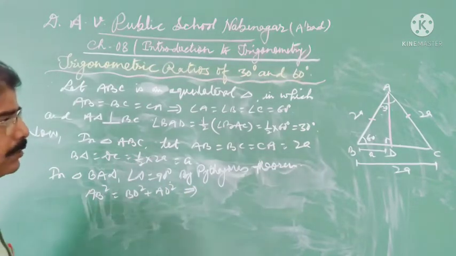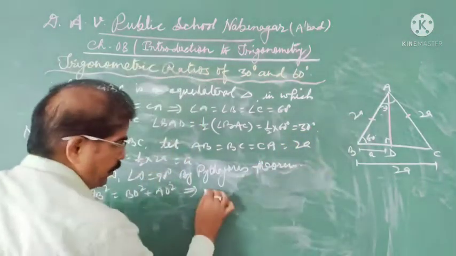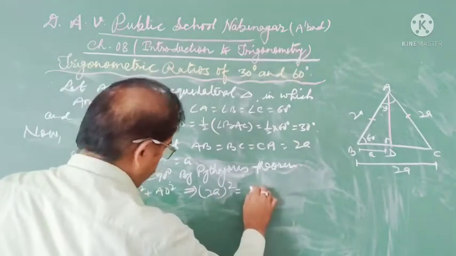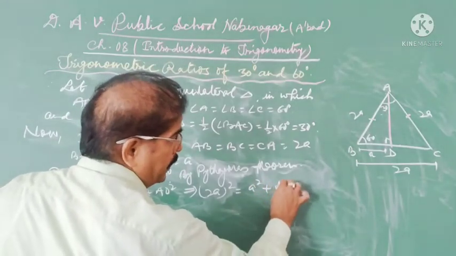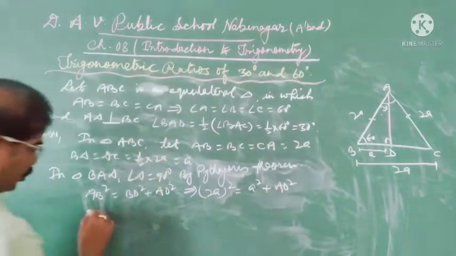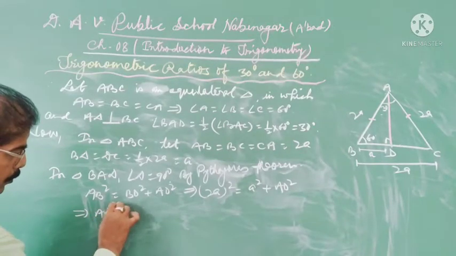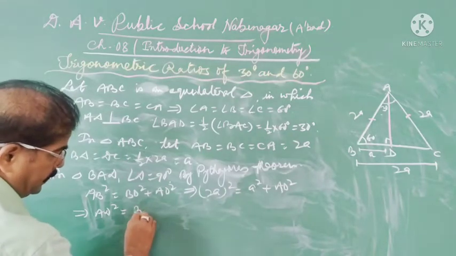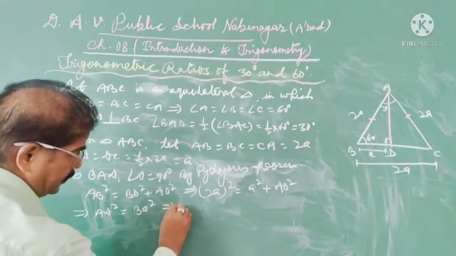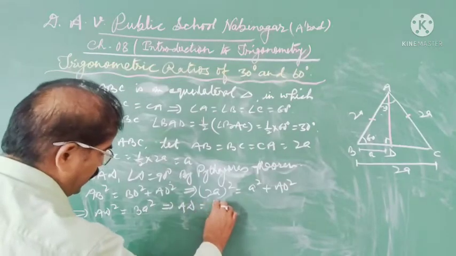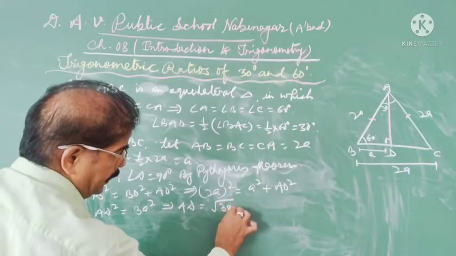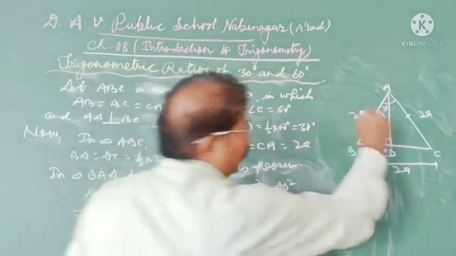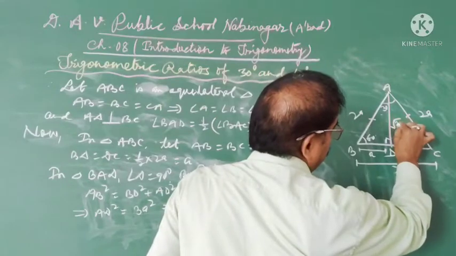So 2a square equal to a square plus AD square. So AD square equal to 4a square minus a square, that is 3a square, hence AD equal to under root 3a square, that means root 3 a. So AD equal to root 3 a.